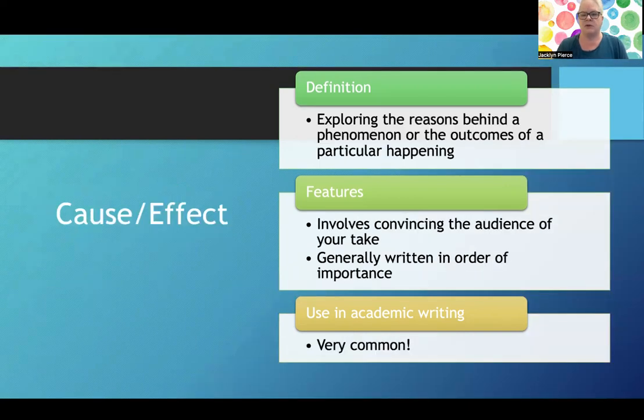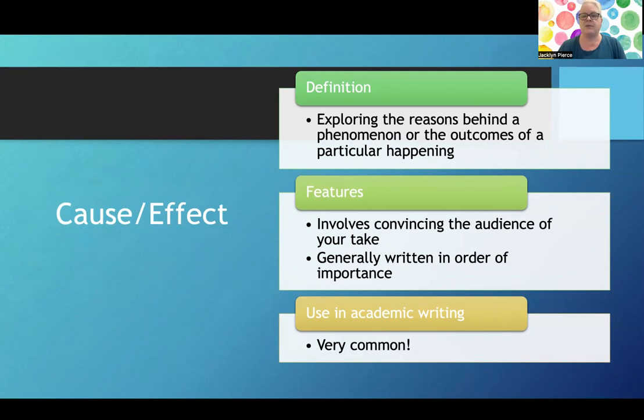Cause and effect, you are working on as we speak, which of course means exploring the reasons behind a phenomenon or the outcomes of a particular happening, a particular event or a particular decision, that sort of stuff. It does involve convincing the audience of your take, which makes it pretty closely related to argument.